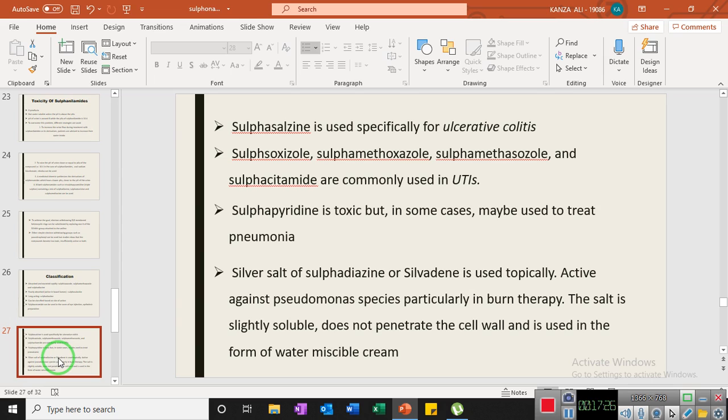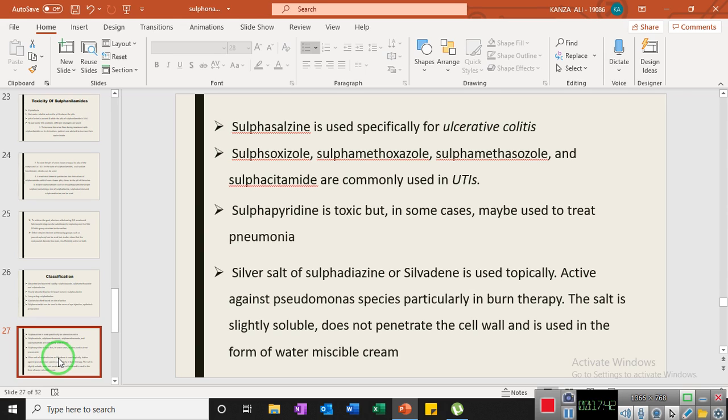Sulfamethoxazole, sulfacetamide, they are commonly used in the case of UTIs.